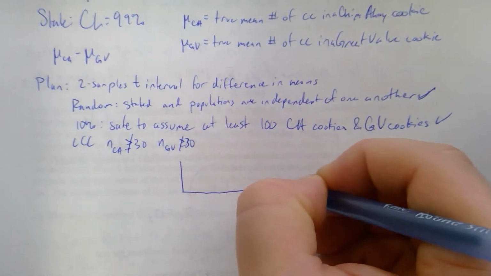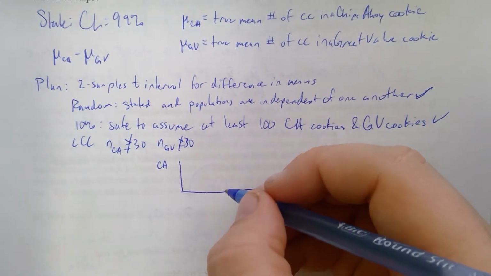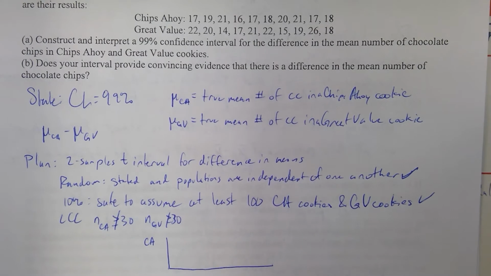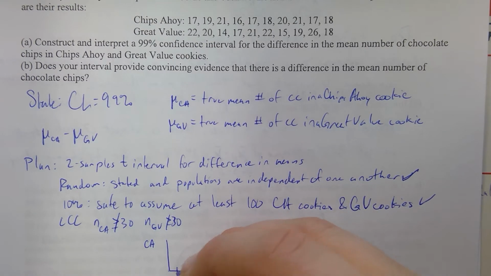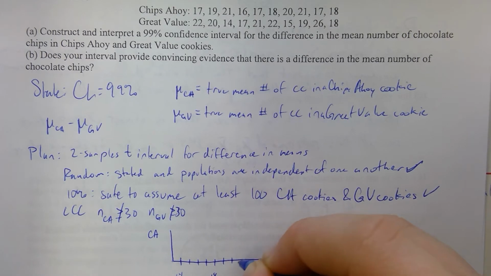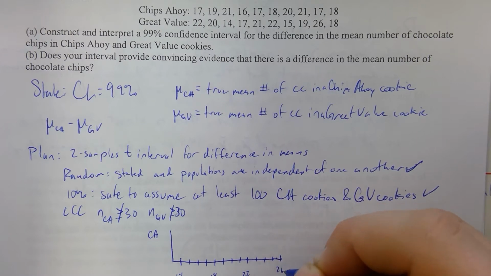Okay, I'm going to make a double dot plot. So here's our Chips Ahoy. Let's see, our low is 14 and our high is 26. So 14, 15, 16, 17, 18, 19, 20, 21, 22, 23, 24, 25, 26.